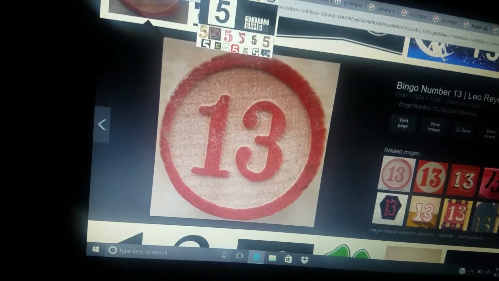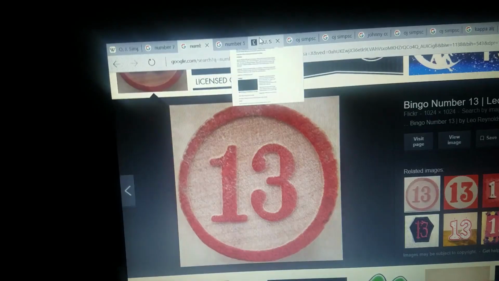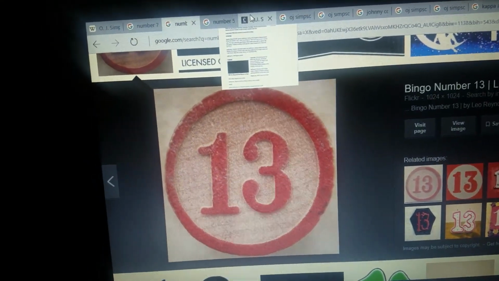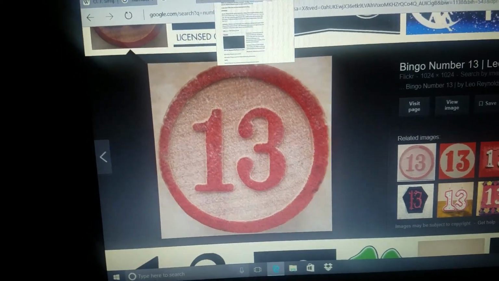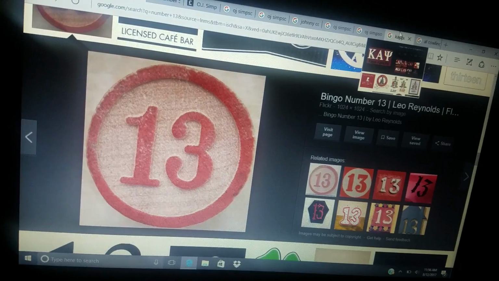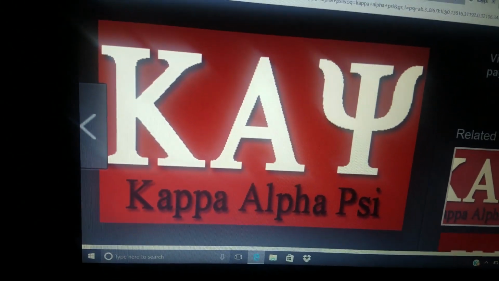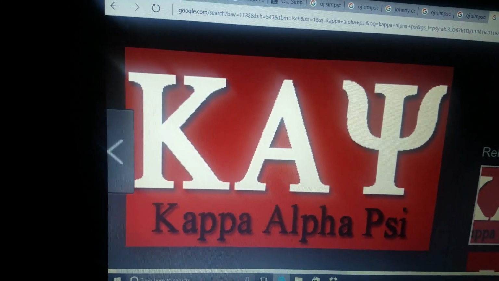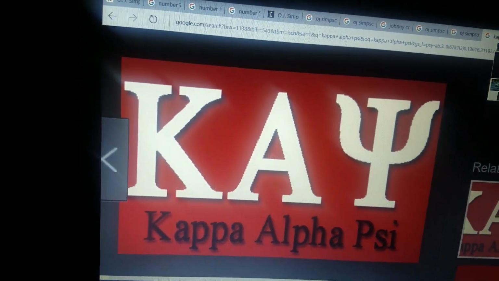This whole O.J. Simpson individual, his whole life is tied around the racial division agenda in this country. That is why he is secretly a part of Kappa Alpha Psi fraternity. That is why he's part of it. It all ties back to the secret fraternity.